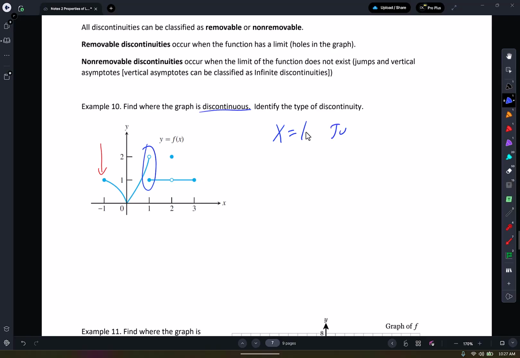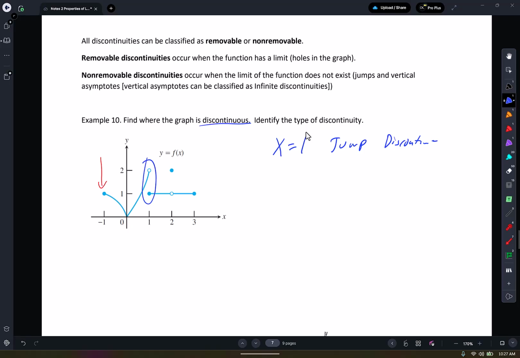Jump discontinuity, and non-removable. All right, where's my next discontinuity? At 2. What type of discontinuity is that? It's a hole. What do they call that? Starts with an R. It's a removable discontinuity.